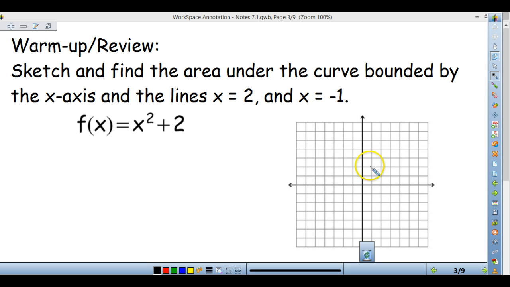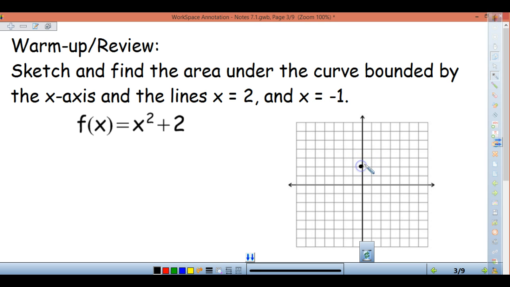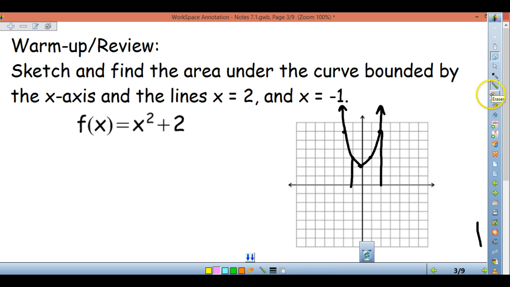So if f of x is x squared plus 2, that's the parent graph shifted up 2. We get our sketch of the parabola there. Then from when x is -1 to x is 2, I'll just shade in that region.